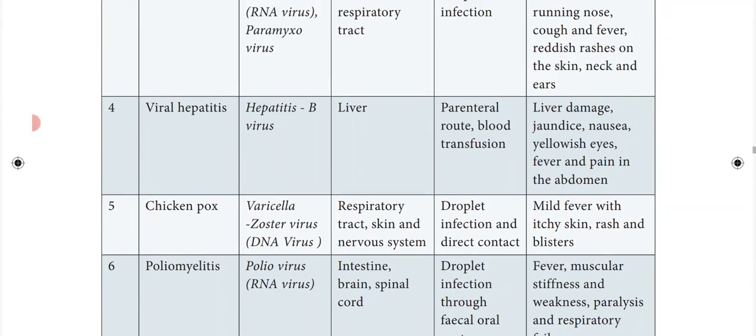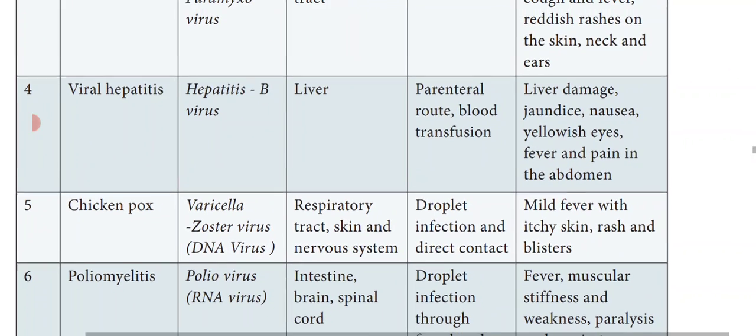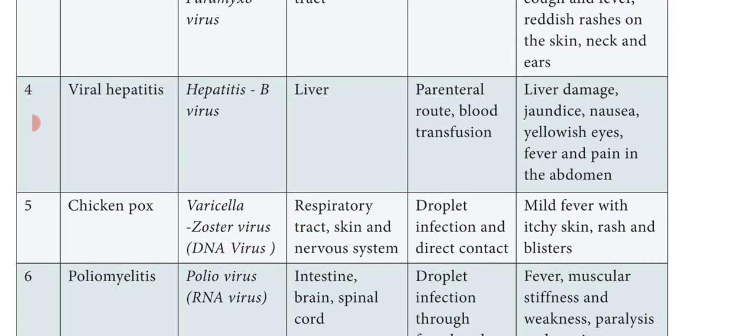Next is viral hepatitis. Viral hepatitis is caused by the hepatitis B virus. The organ which is mainly affected is the liver, and the mode of transmission is the parenteral route or blood transfusion.